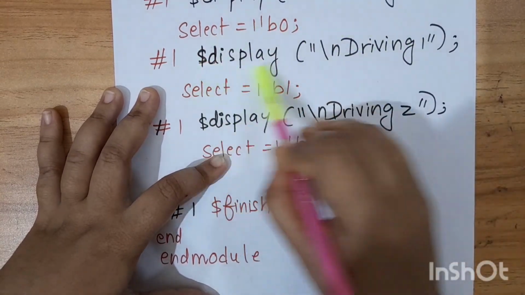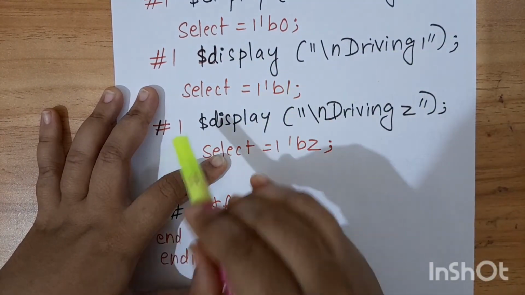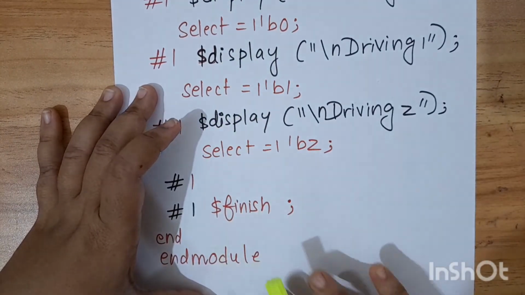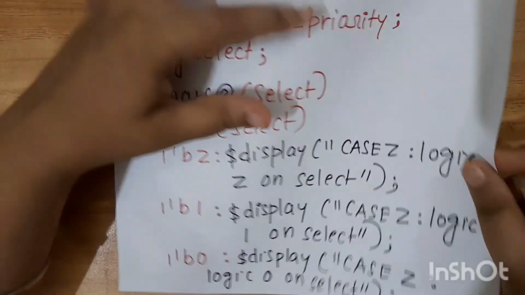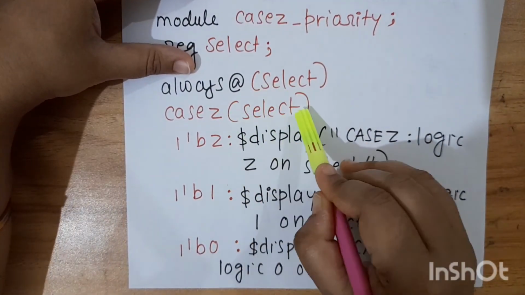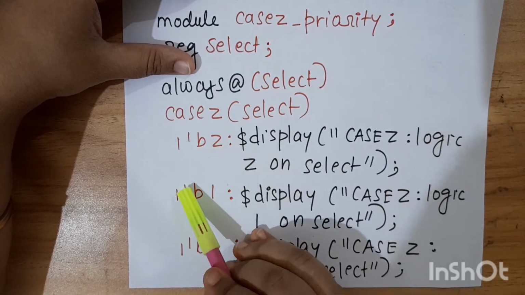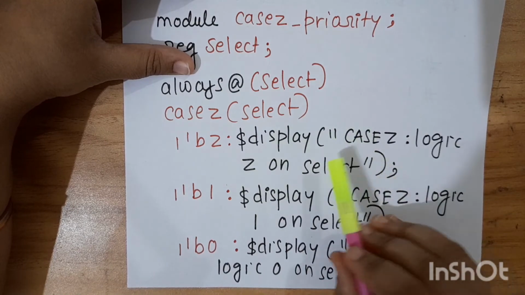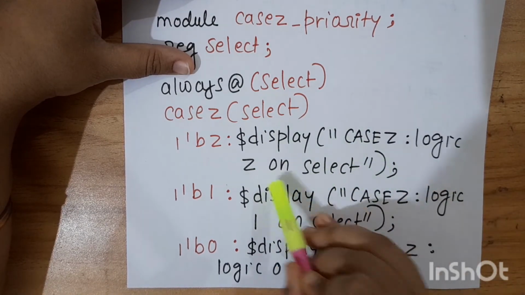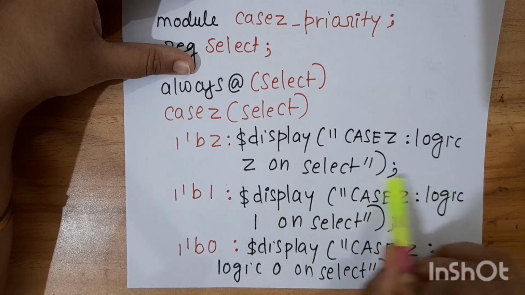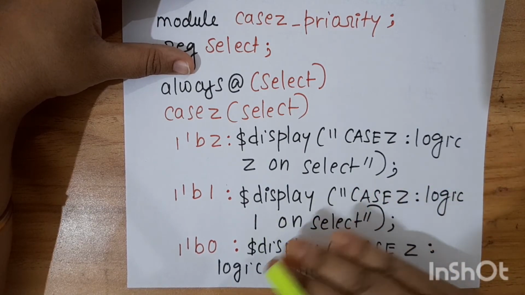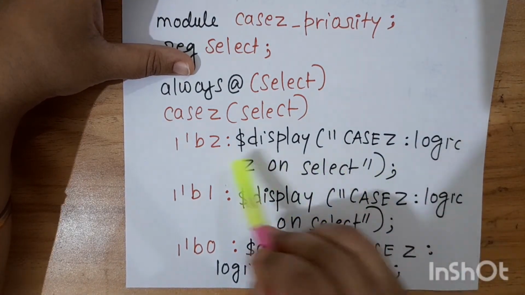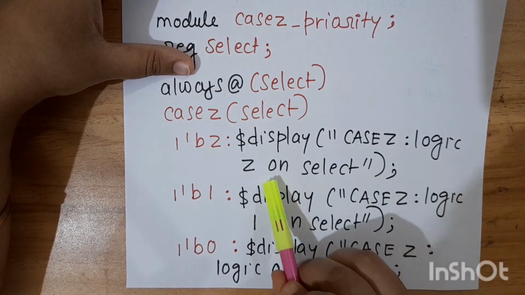First I made the display of driving 1 and then I drive the select value 1'b1 in the initial block. Here select will again have two matches, 1'bZ and 1'b1. The first match will take effect, so the display would be "KZ: logic Z on select". The statement "KZ: logic 1 on select" won't come into effect. What comes into effect is the first match, "KZ: logic Z on select".